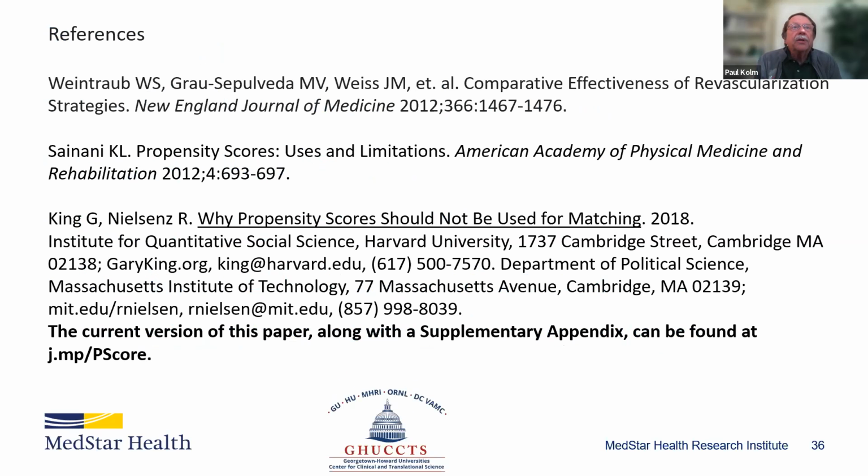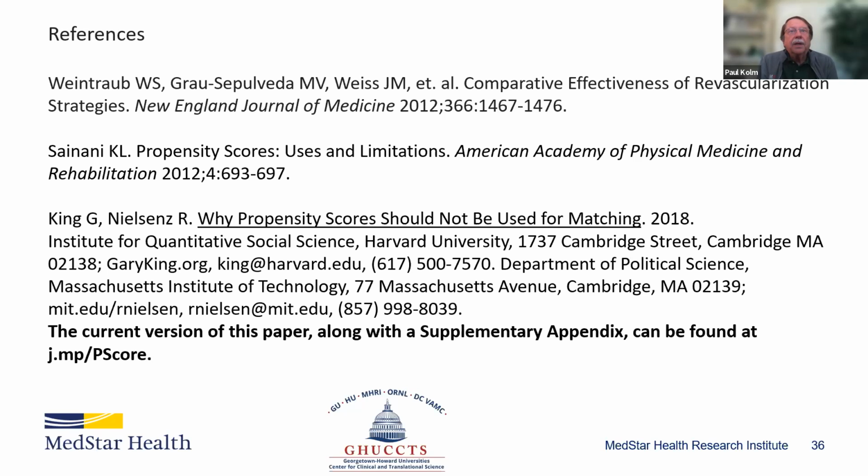So I have some references here. The first one being our study on revascularization strategies using inverse probability weighting. And then I've got a couple there where, of course, as you might guess, there are limitations or arguments for not using propensity scores.